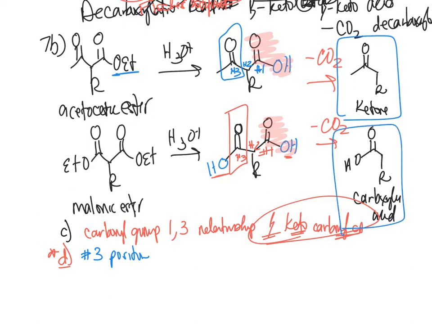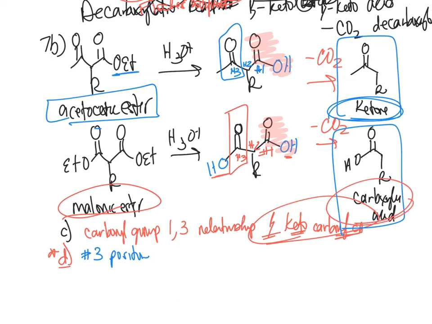After decarboxylation, the acetoacetic ester synthesis leads to the formation of what? Ketone. After decarboxylation, the malonic ester synthesis leads to the formation of what? Carboxylic acid.